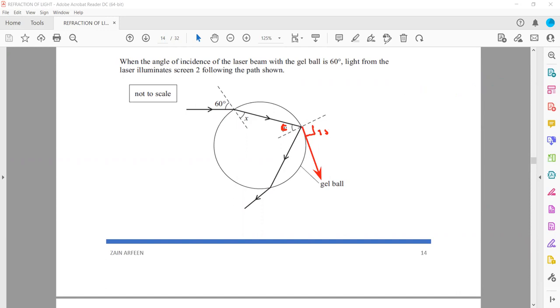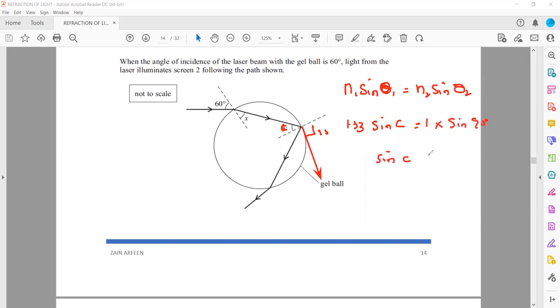The refractive index of the gel is 1.33, theta 1 is the critical angle, the refractive index of air is 1, and the angle of refraction is 90.